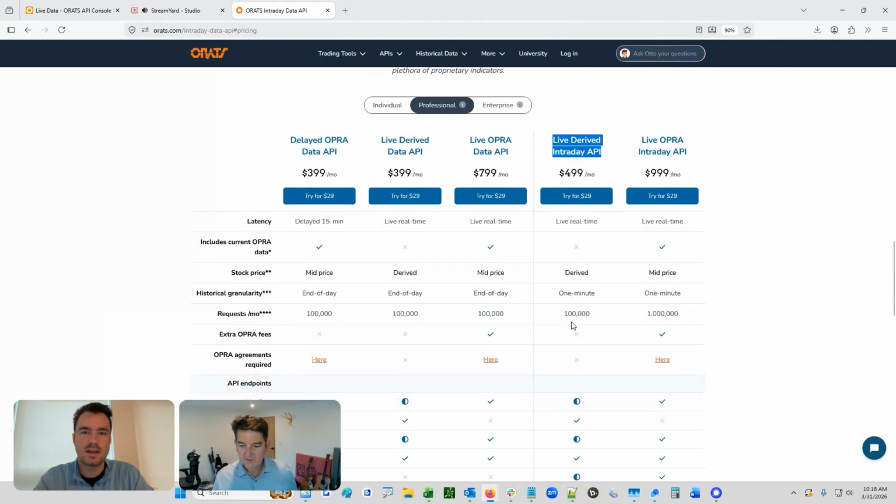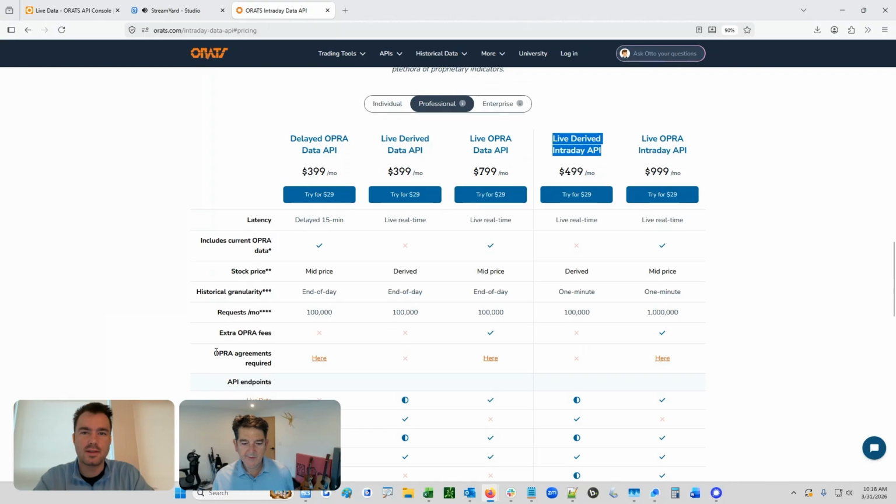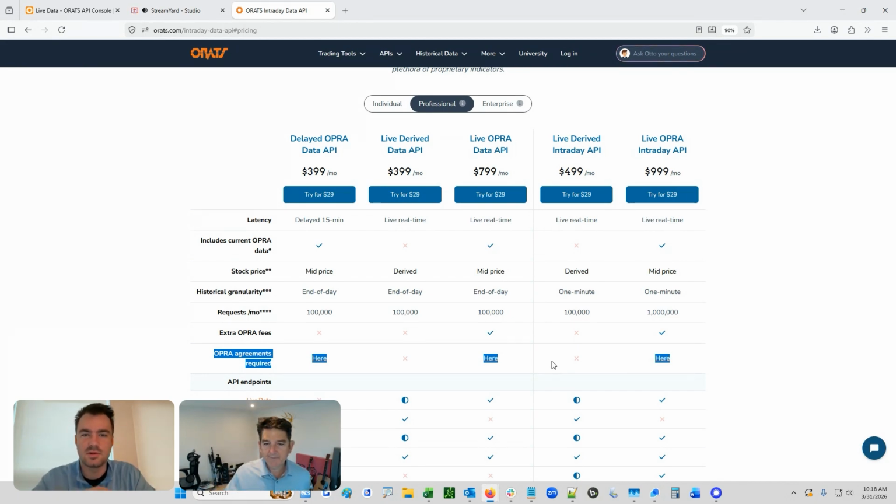It gets you everything except for the option price, bid ask, size, and volume. Those are considered OPRA data and subject to the regulations and fees from OPRA, the Options Price Reporting Authority. So just a quick note: if you're doing a startup or you want to redistribute ORATS data for an idea that you have, we have that option, very unique to ORATS, and it takes advantage of all the indicators that we have.